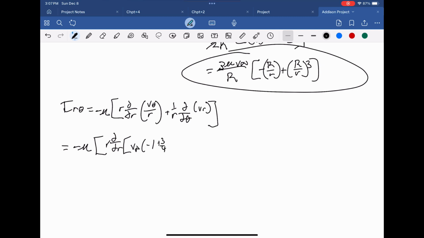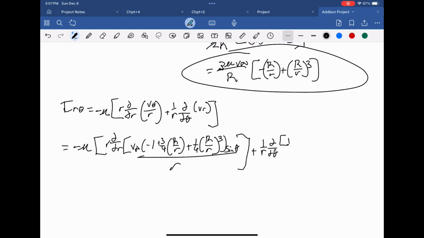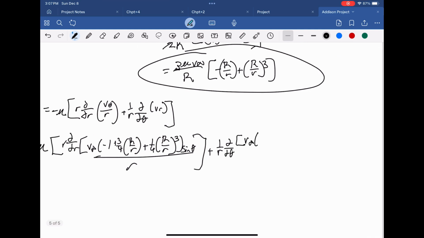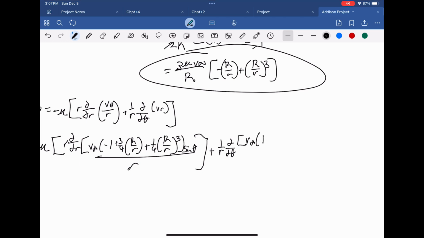So I'm just plugging in the v theta equation from the velocities, and we have to derive this over r, which is going to be important. And then we are going to be adding 1 over r partial theta times v infinity. And this is just the vr equation from the velocities.